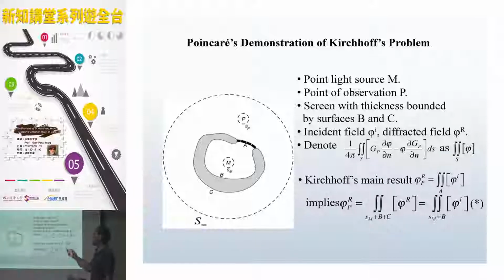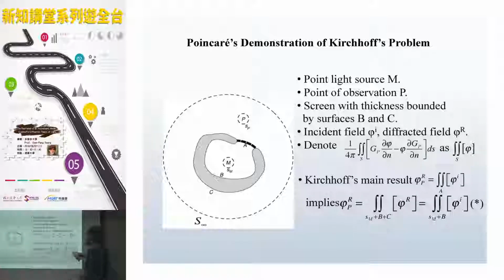And we know that the contribution from the surface C should be equal to 0 according to Kirchhoff's boundary condition, because remember, Kirchhoff assumed that the shadow part of the screen should have 0 fields, right? So C should go out. So only the contribution from SM and B remains.